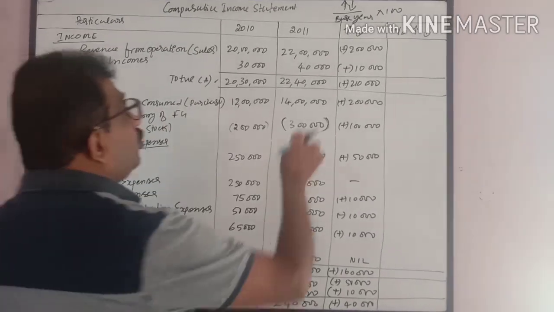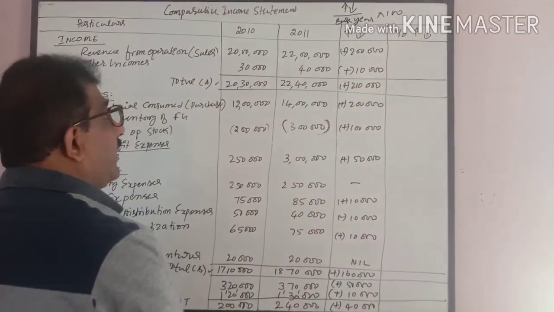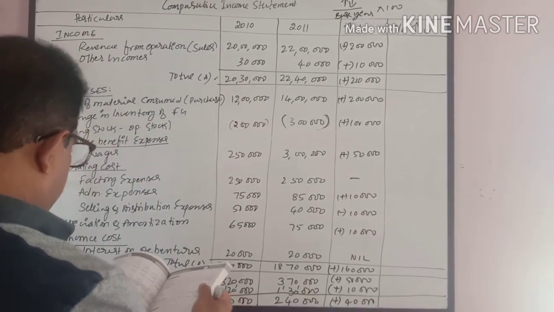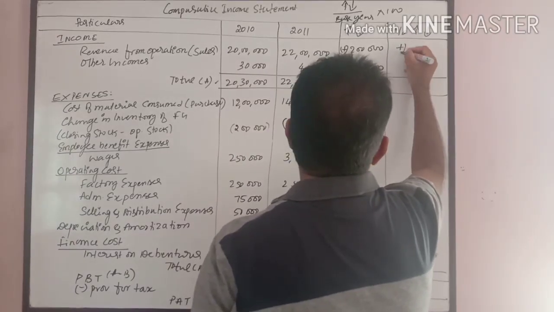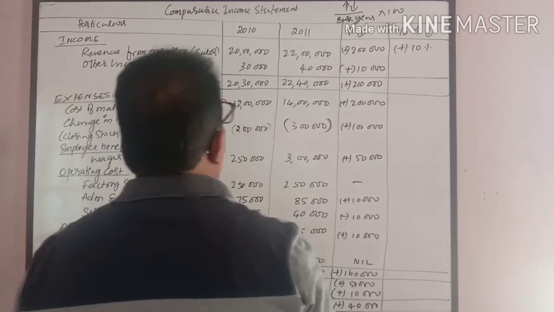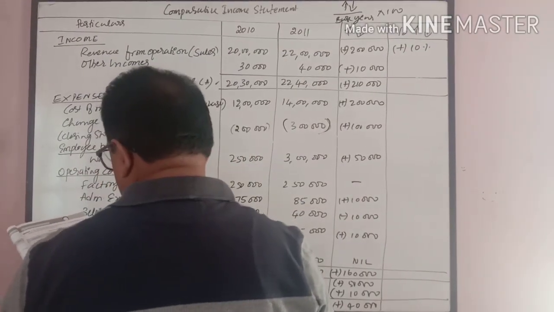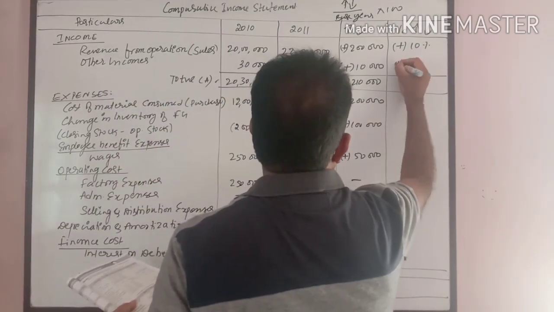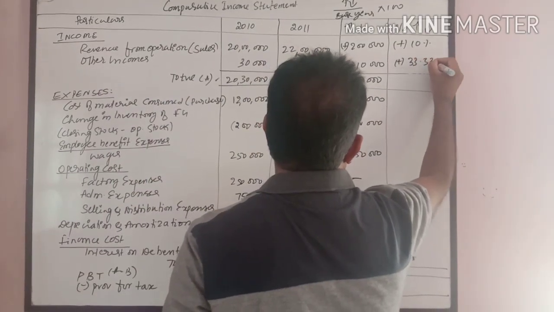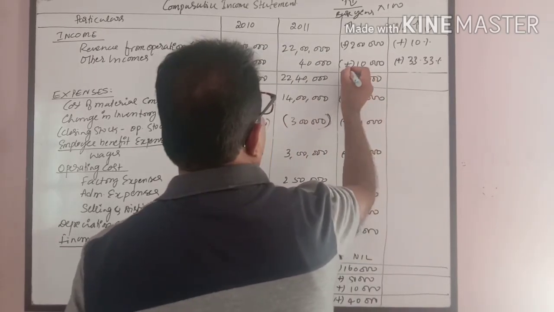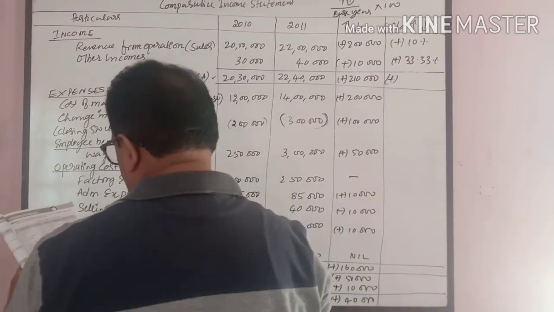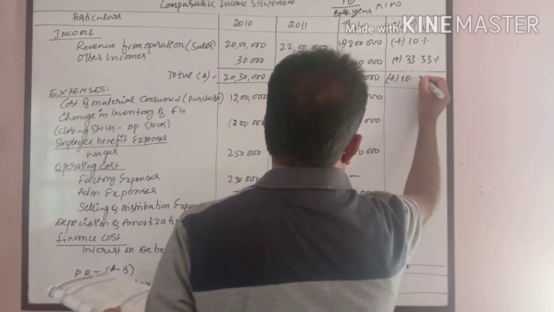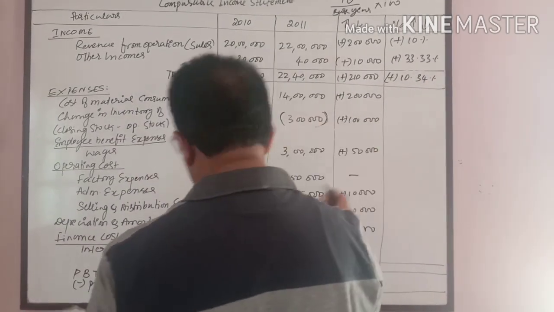So that is 2 lakhs divided by 20 lakhs into 100. It comes to 10% plus 10%. 10,000 divided by 30,000 plus 33%. 33.33%. Whatever sign you have here, write the same sign here also, plus 10.34% or 33%, whatever it is.